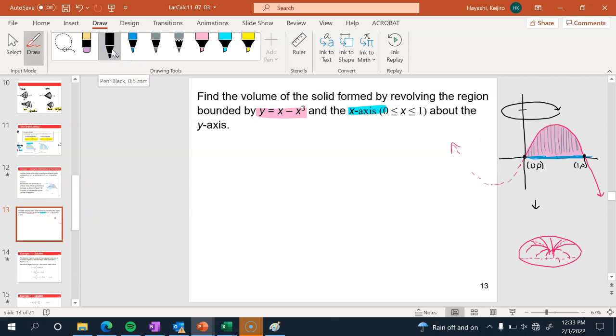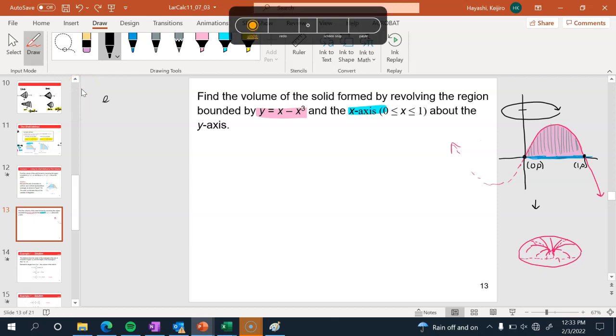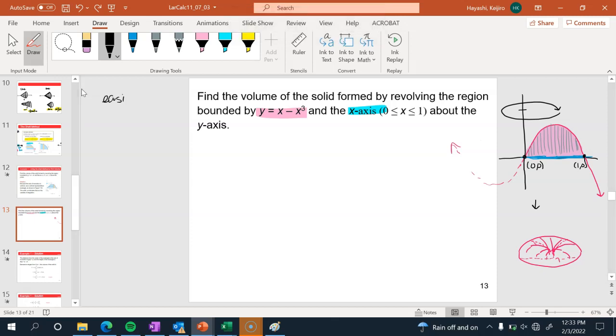So that's an example of the sort of decision tree or thought process: is it easier dx or dy? If it were easier dx, it follows then that that's shells, since those slices will be parallel to the axis of rotation.